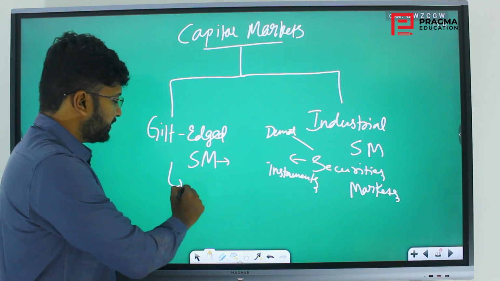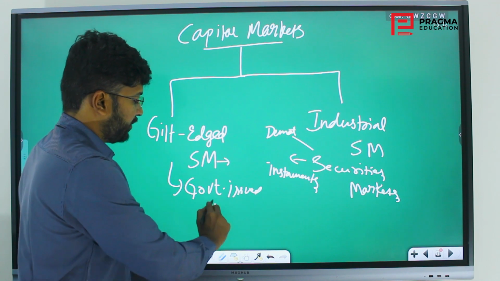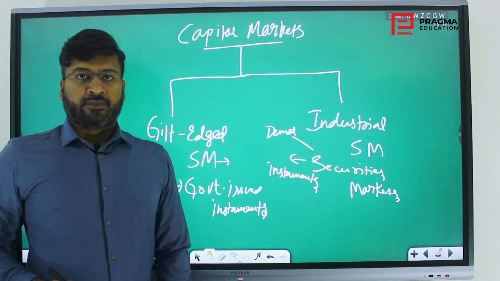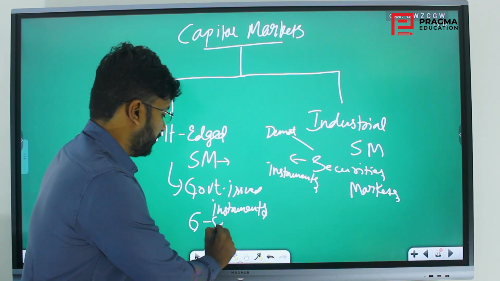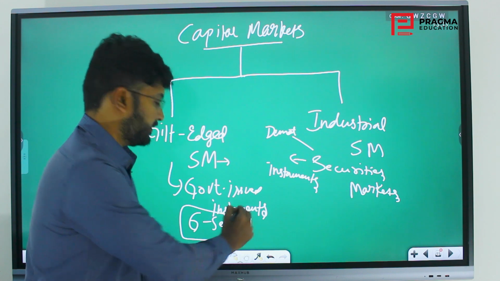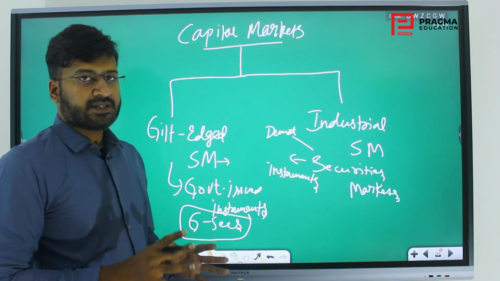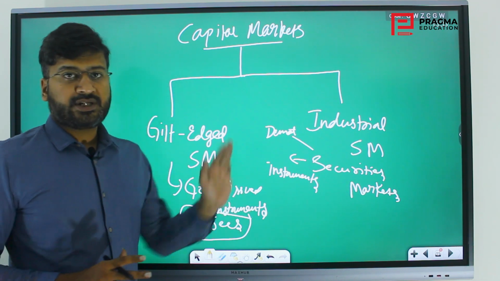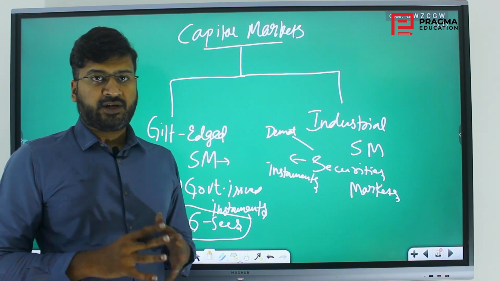So what is gilt-edged securities market? It is government issued instruments, that is the government securities, and T-bills. Generally T-bills are issued only for a maximum of 1 year. But government securities are issued for more than 1 year: 2 years, 3 years, 5, 10, 20, 30.